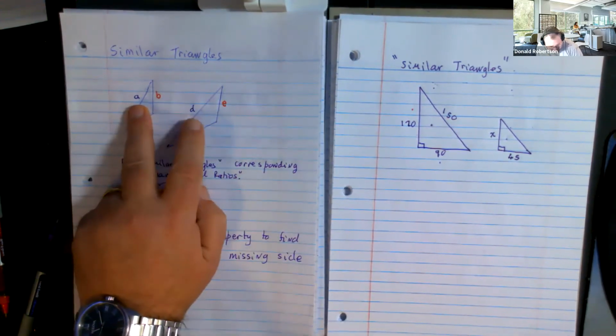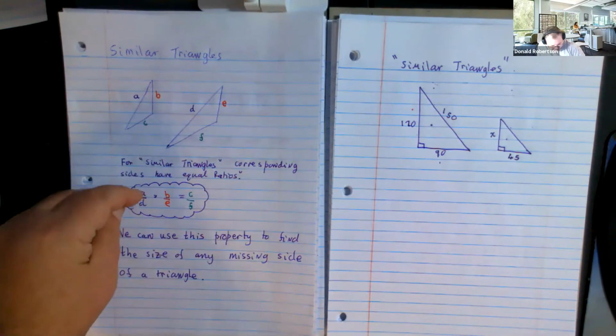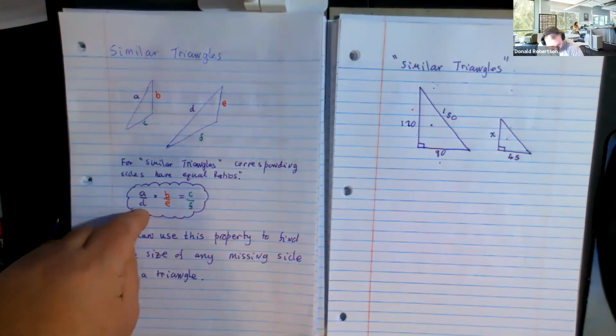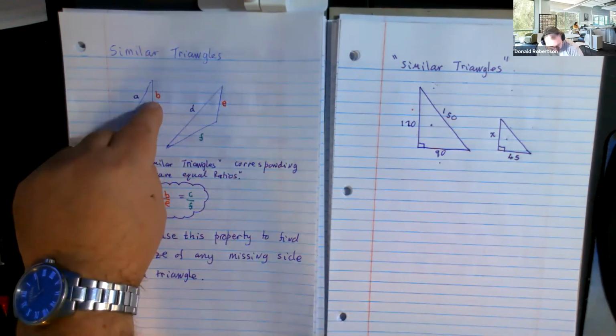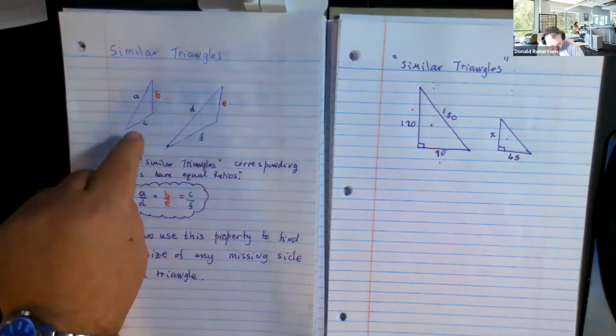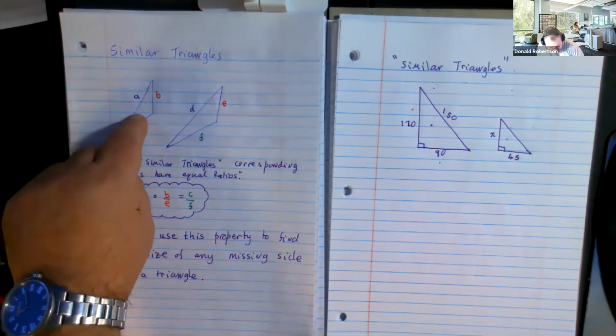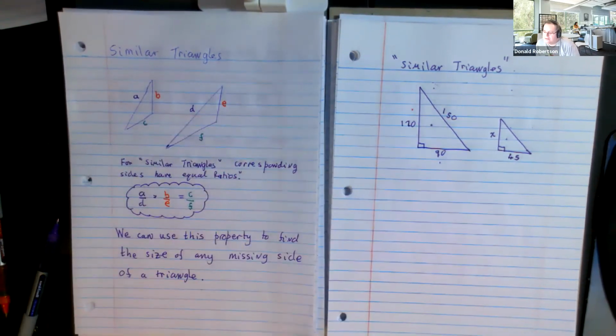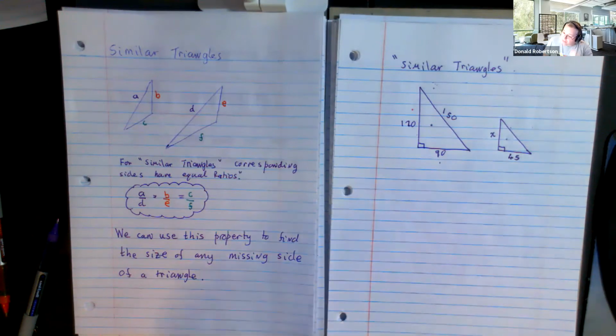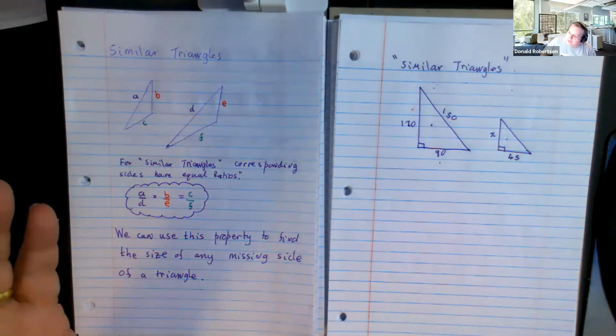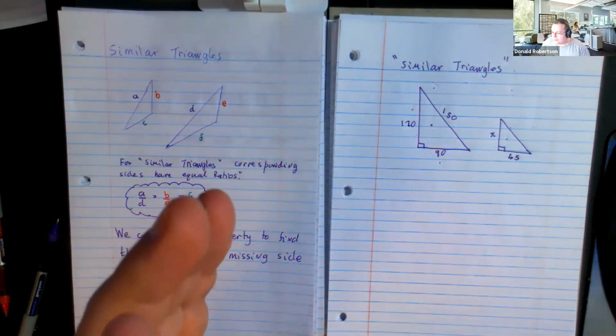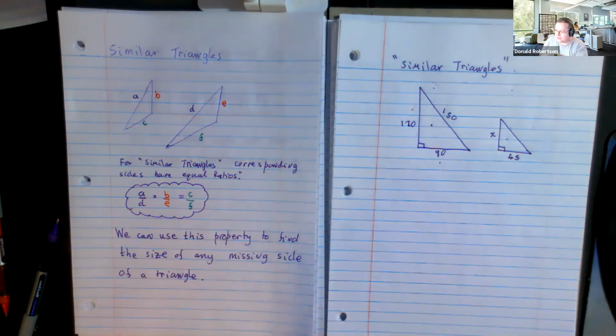So A and D are corresponding sides. So A divided by D is going to be the same number as B divided by E, and it's going to be the same number as C divided by F. So the property that similar triangles have is that the corresponding sides are in equal ratio. So if you take one side from one triangle and you divide it by the corresponding side on the other, that ratio, that fraction, is the same number for each combination of sides.